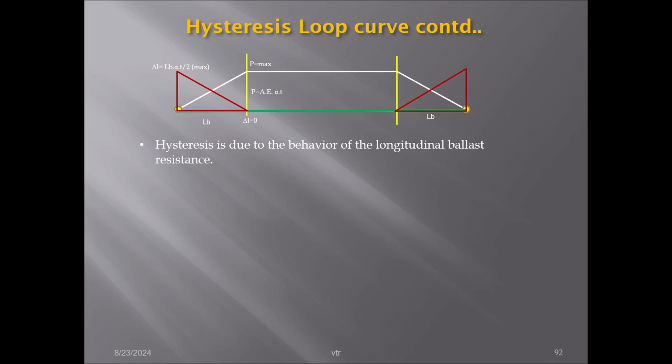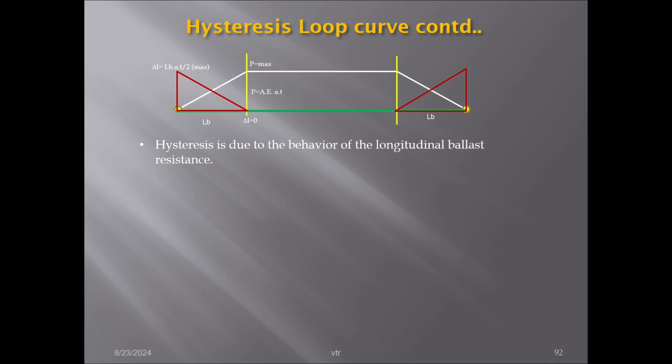But after the temperature increases by some degrees, when it falls down, what will happen? The resistance will be double. The mobilization of resistance will not be equal to R, it will be double. Because of the doubled resistance, there will be lagging. For example, when a 10 degree temperature increase gives 10 mm expansion, a 10 degree fall will not give 10 mm contraction, only 5 mm contraction, because of the lagging.